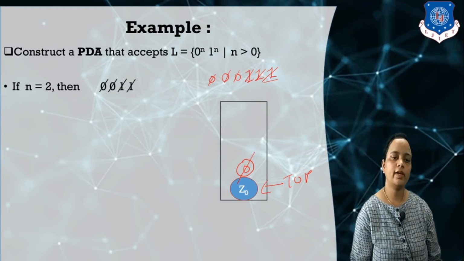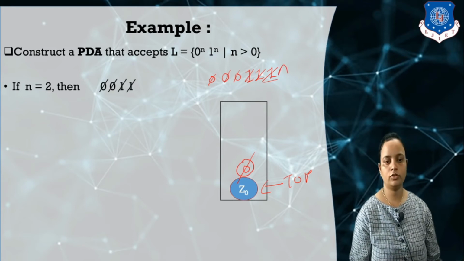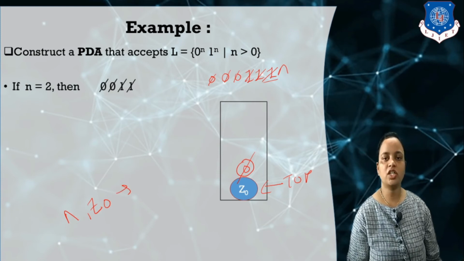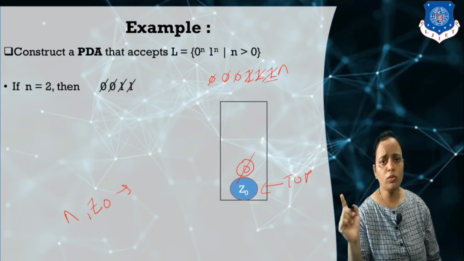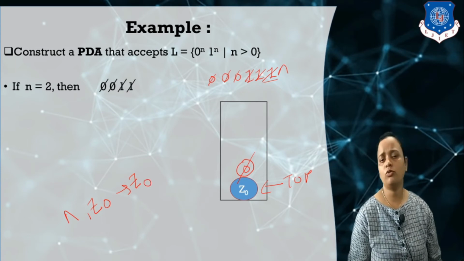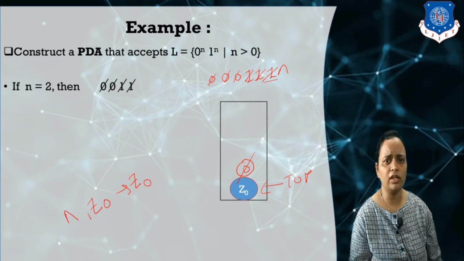So in this way, at the end of the string the input is null. If the input is null at the end of the string and the topmost symbol is z0, what are we going to do? This transition moves to an accepting state, and we have to do nothing on the stack.